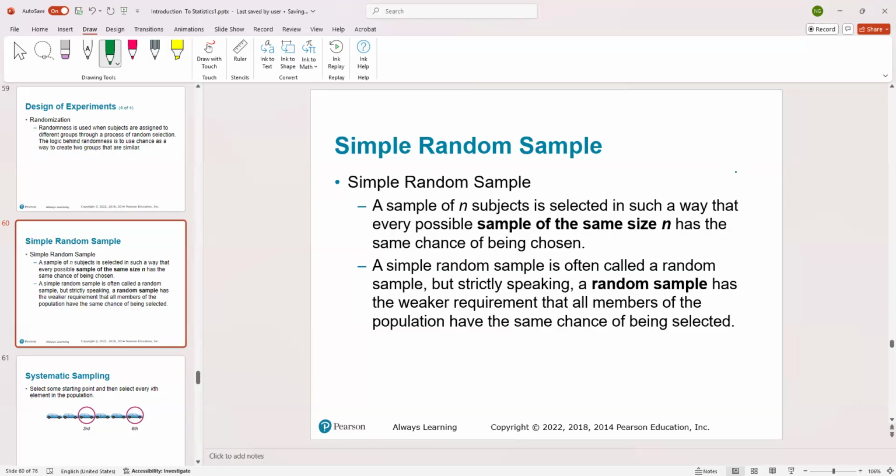So it's very important. Anyway, we'll use various statistical procedures, and we often have a requirement that we collect a simple random sample as defined, very important.